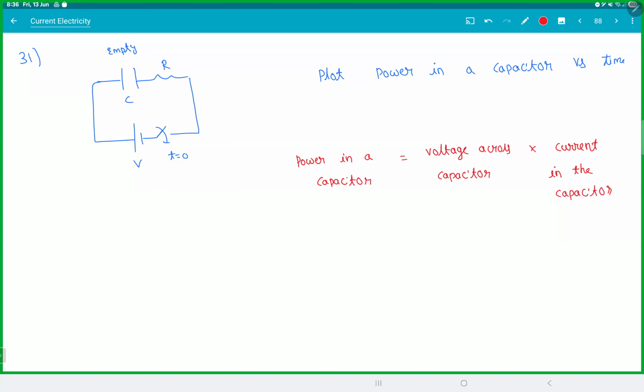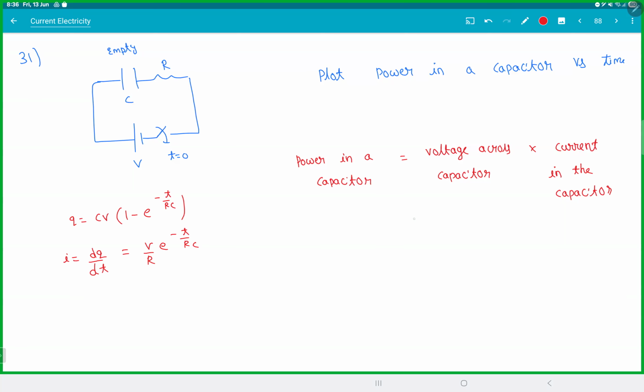Now this is an RC charging circuit where initially it is empty, so I can use my standard formulas. Q is equal to CV times (1 minus e^(-t/RC)). I is dq/dt, that will be V/R times e^(-t/RC).